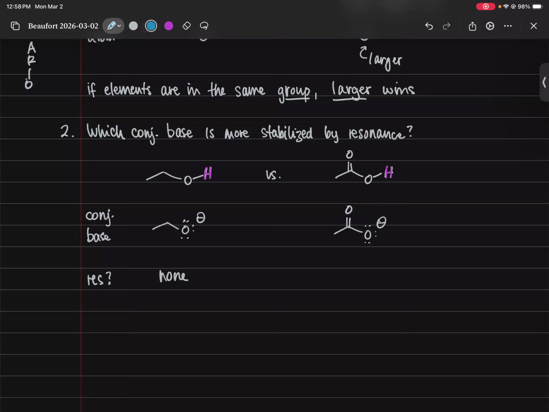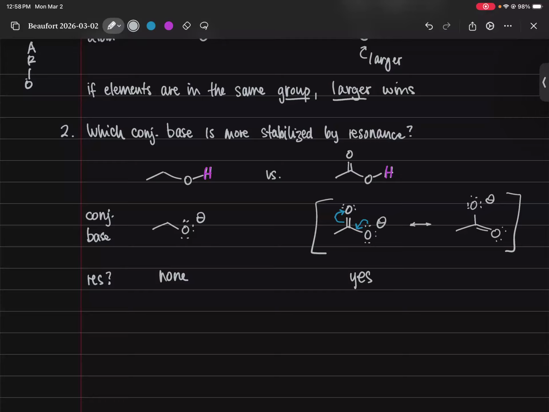However, we can draw a resonance structure of the acetate ion. And we can do that by moving those electrons down there, moving these electrons up. I haven't drawn my lone pair on the oxygen. So we can draw that resonance structure of the acetate. And that shows that there is resonance stabilization of that negative charge.